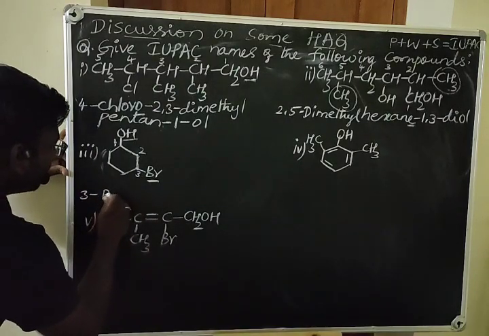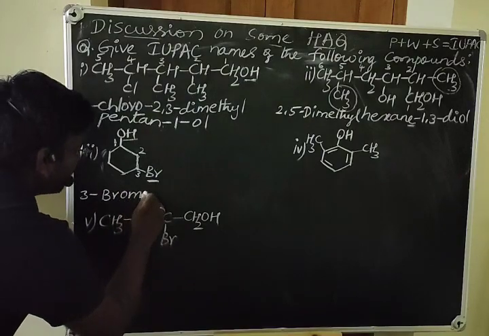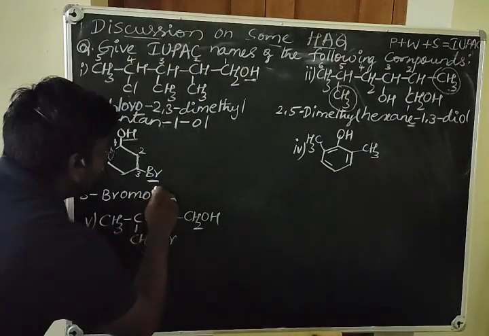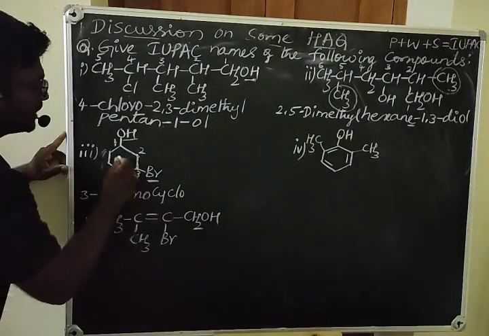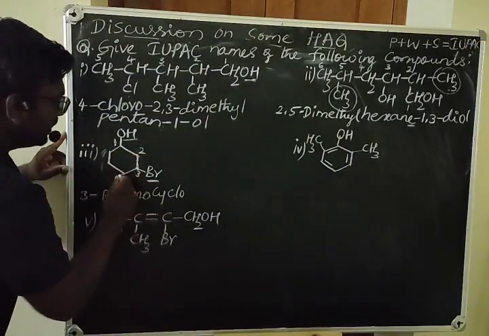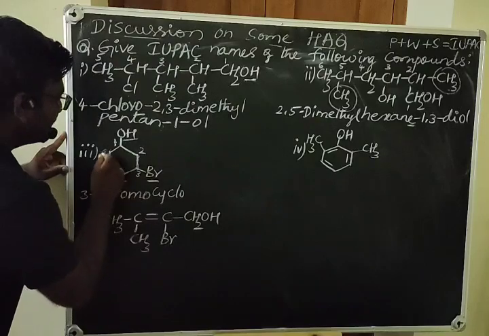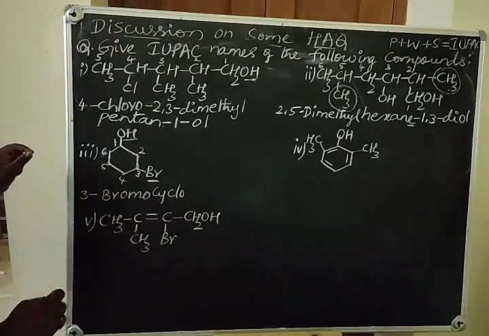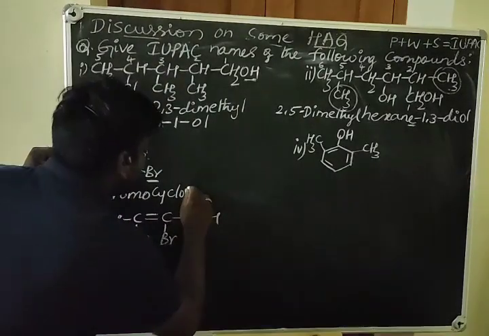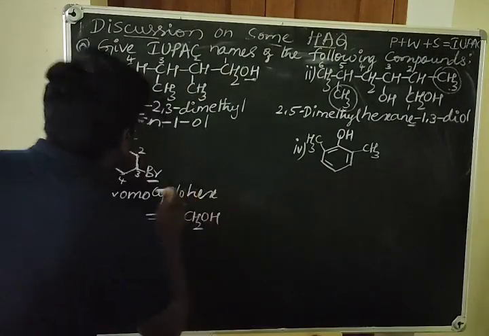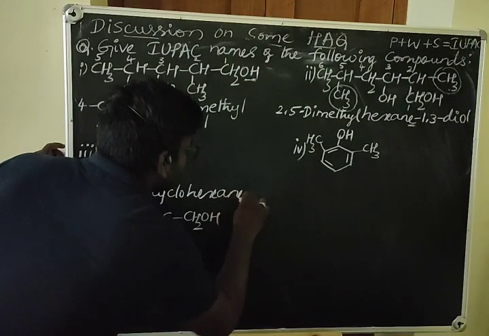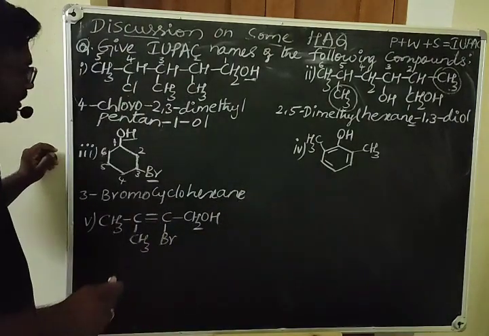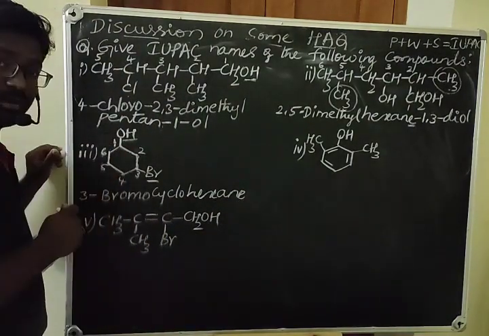3-bromo, cyclo, and how many carbon atoms are there? 1, 2, 3, 4, 5, 6. So 6 carbon atoms are there. So let's take hexa, and all are saturated carbons, so you can write hexane. And we have the functional group OH at carbon 1.